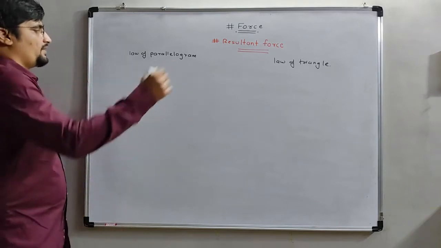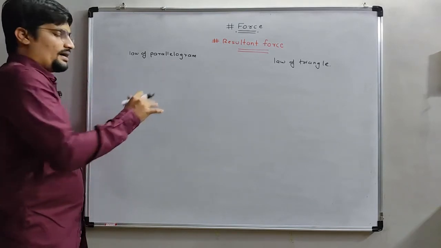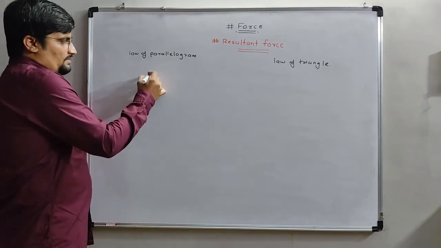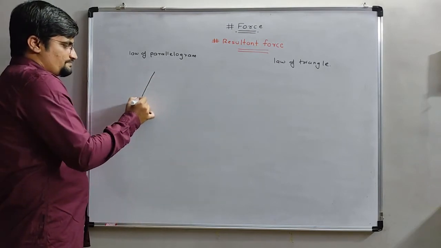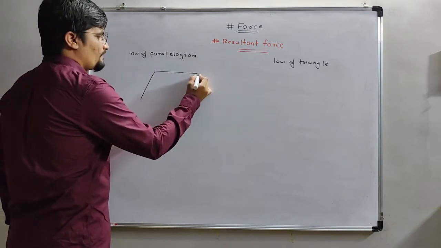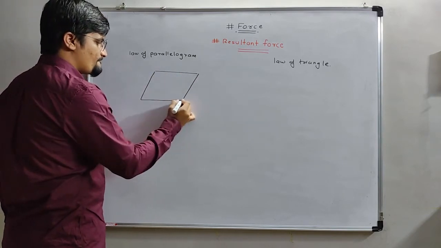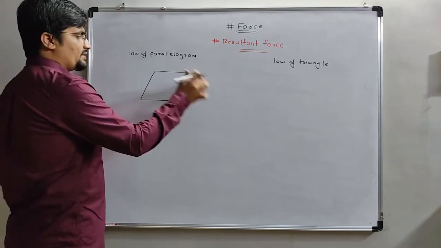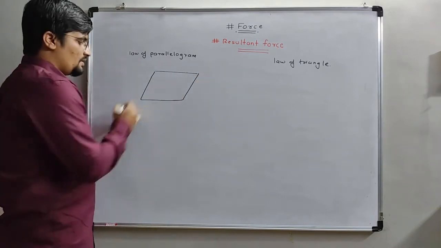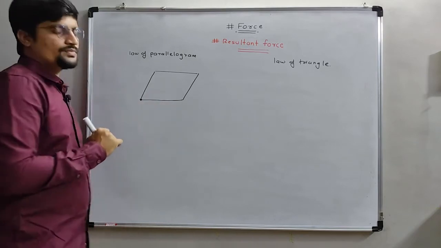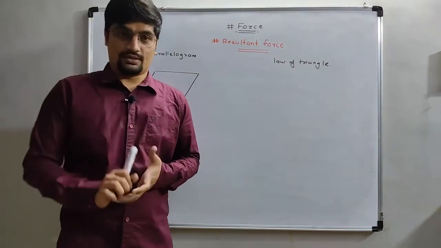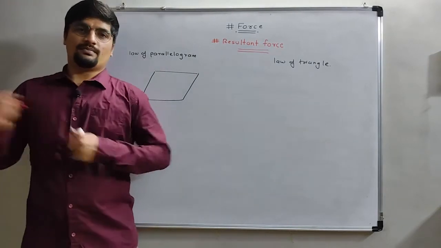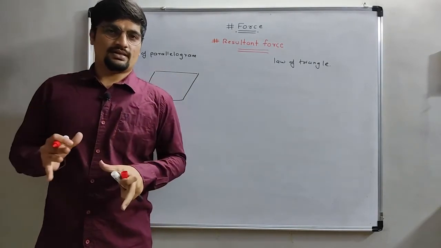The statement of the law of parallelogram, I will explain with a figure. This is a parallelogram. These are the four sides of the parallelogram. This one is a point O. Two concurrent forces act on a parallelogram along two adjacent sides.